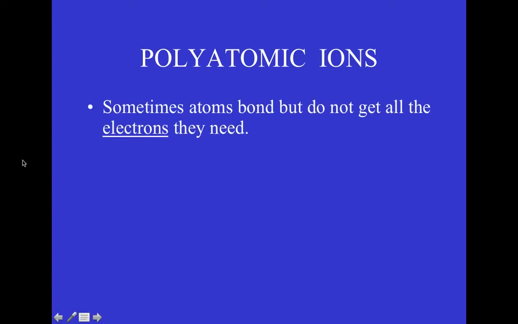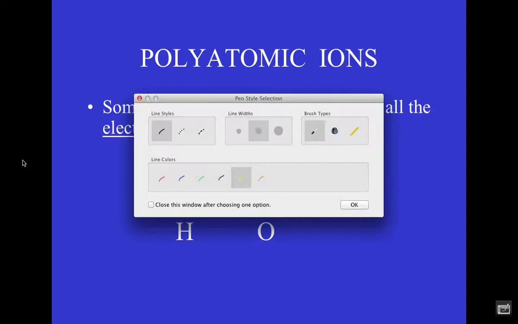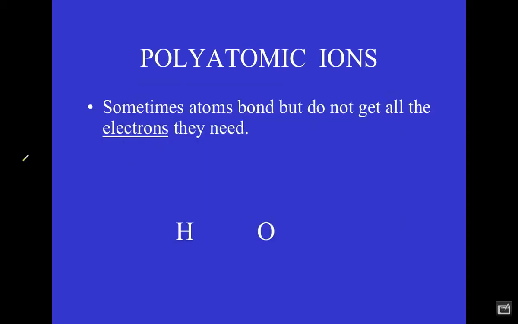They are atoms that bond sometimes, but they don't get all of the electrons that they need. The first example I'm going to show you is binding a single hydrogen with a single oxygen. If I think of hydrogen, it has one valence electron, and my oxygen has 6.